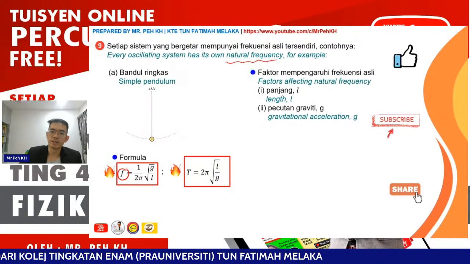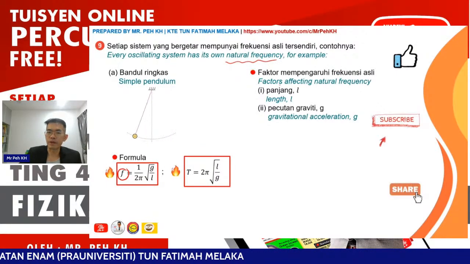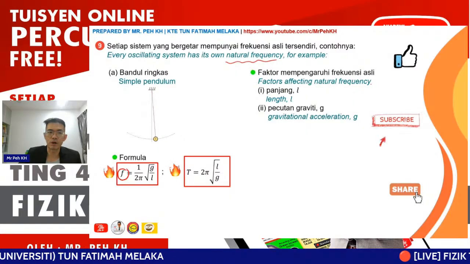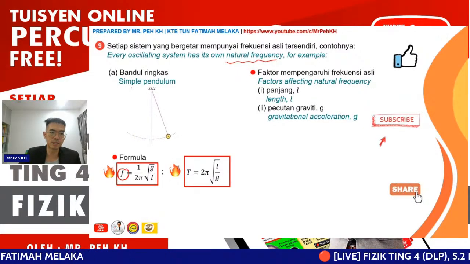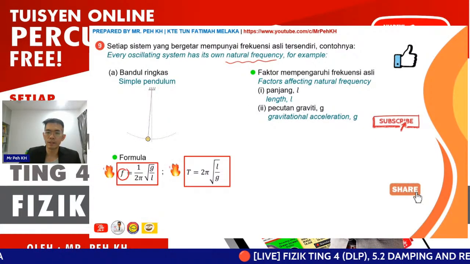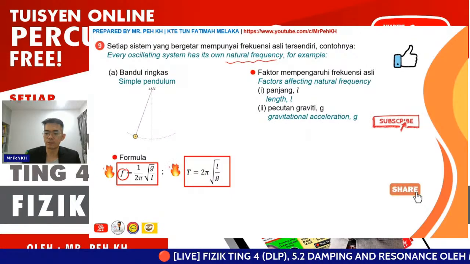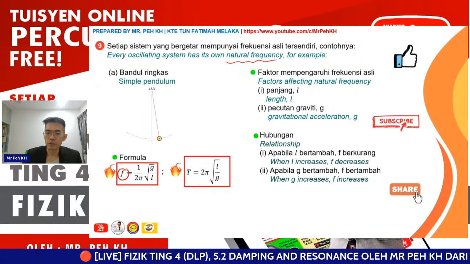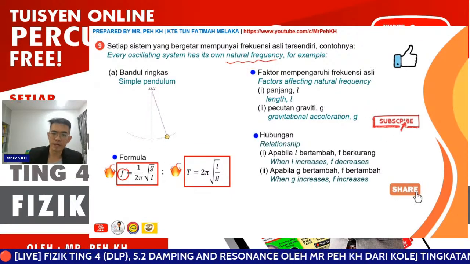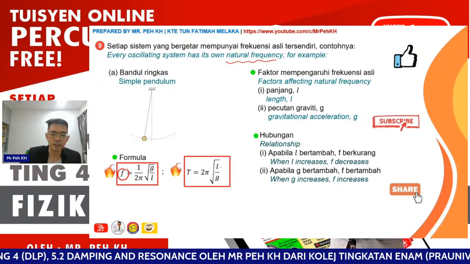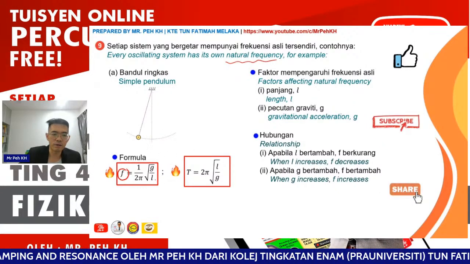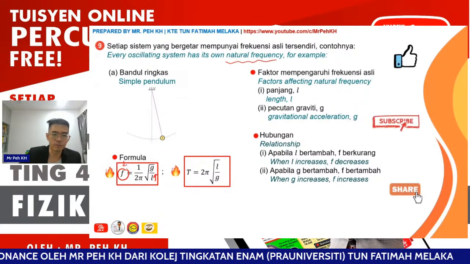From the formula, we know that the factors affecting the natural frequency of the simple pendulum are length and gravitational acceleration. With the increase of L, the frequency will decrease.